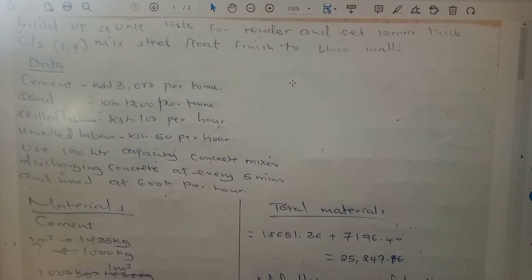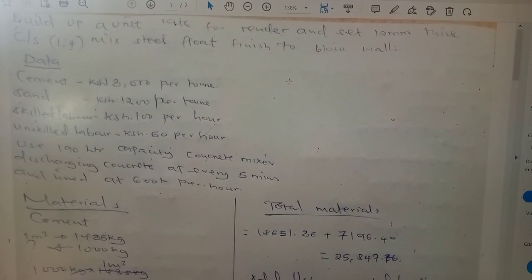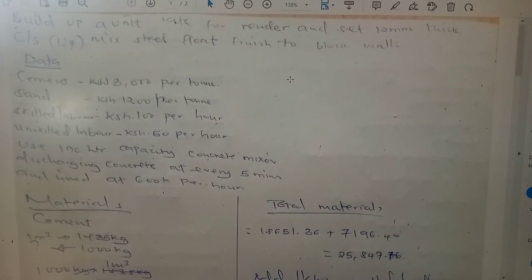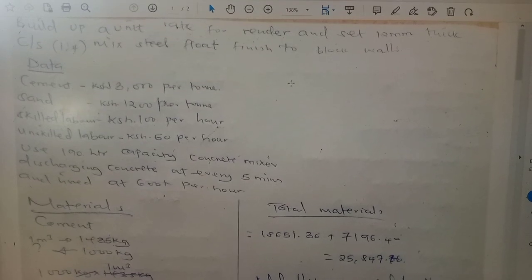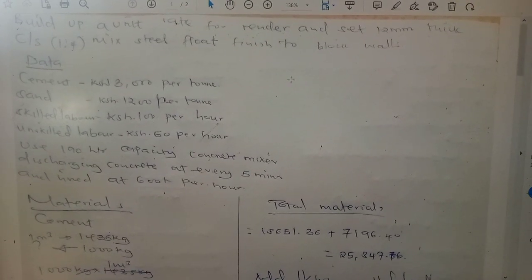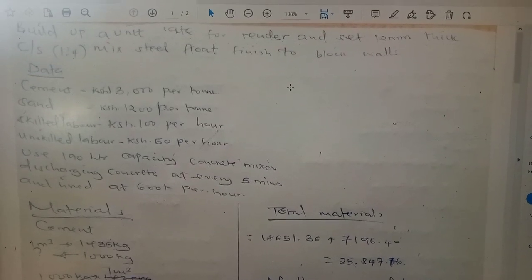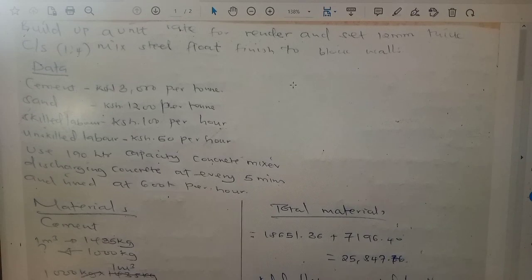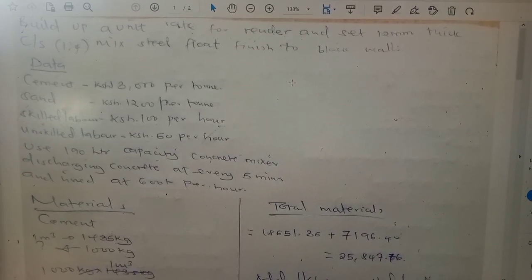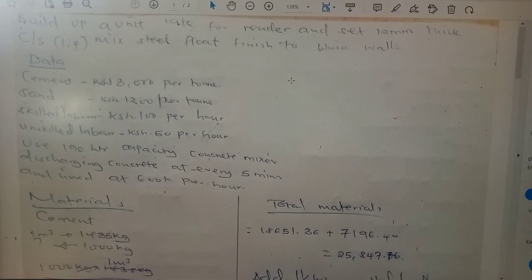So our today's question will be: build up a unit rate for render, set 12mm thick, cement sand 1 to 4, mix, steel float finish to block walls. Then the data that we are given: cement is 13,000 per ton, sand is 1,200 per ton, skilled labor is 1,100 per hour, unskilled labor is 50 bob per hour.